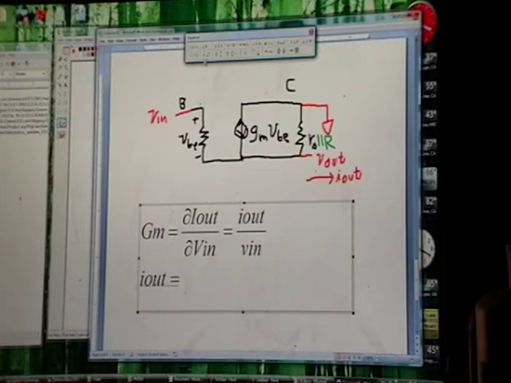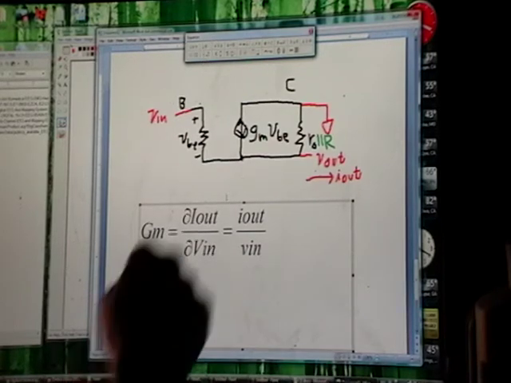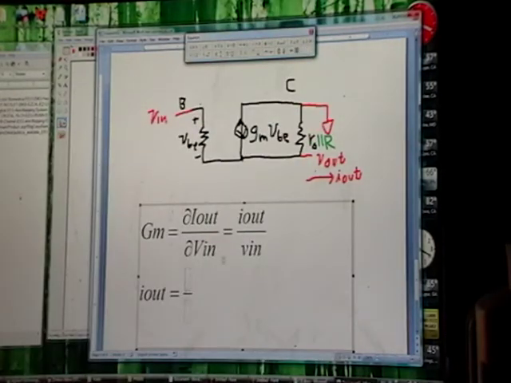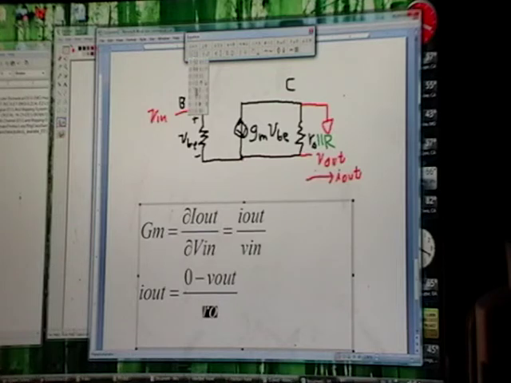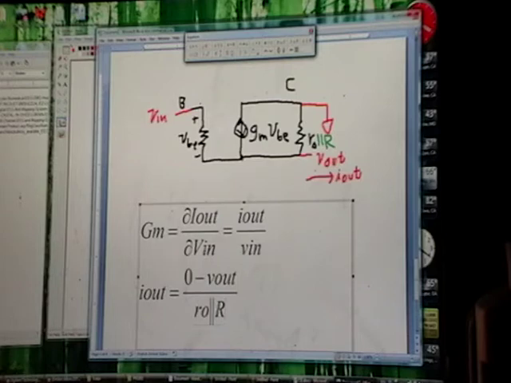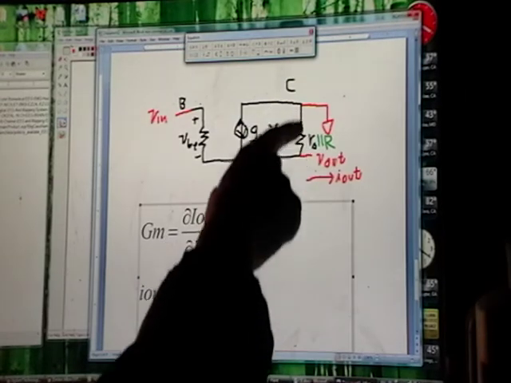So let's look at the current going across RO in parallel with R. That would be this node minus this node, so 0 minus V out over that resistance, which is RO in parallel with R. So that's the current coming down this branch.